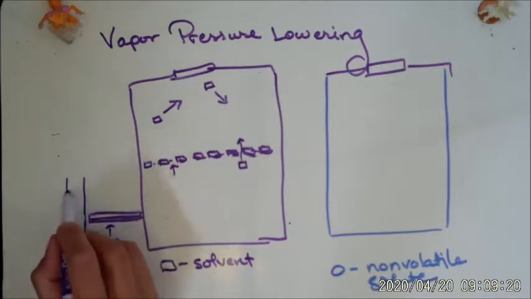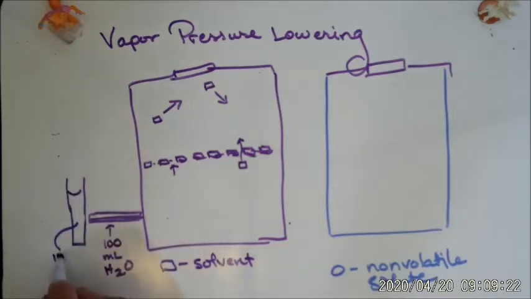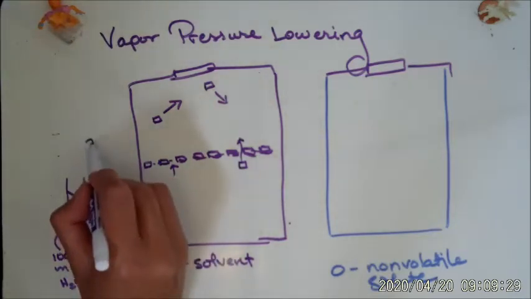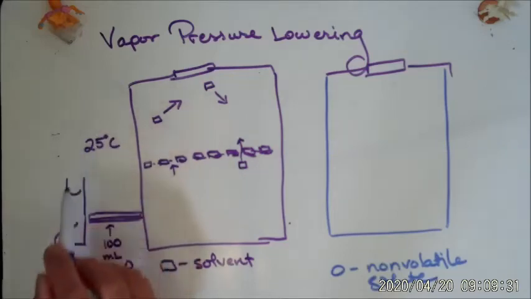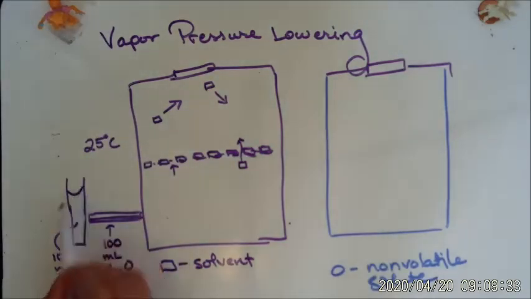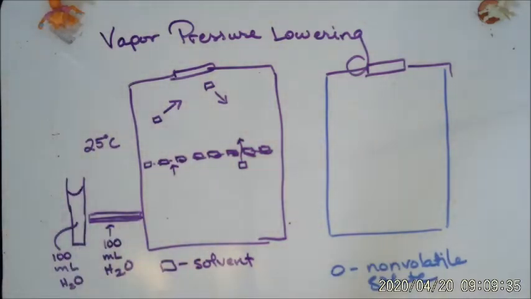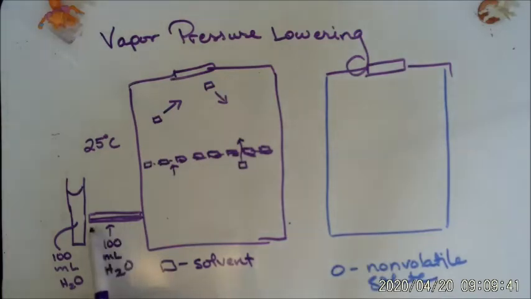Okay? And this has 100 milliliters of water. And I have them both in the same room, let's say at 25 degrees Celsius. Which container will be dry first? We're not boiling it or anything, but which one would end up being dry first? This one will, because it has a greater surface area.